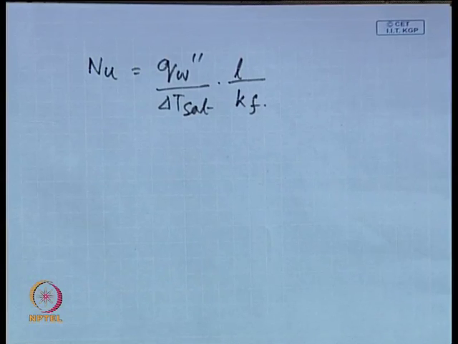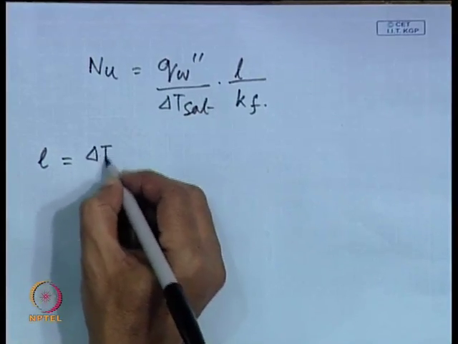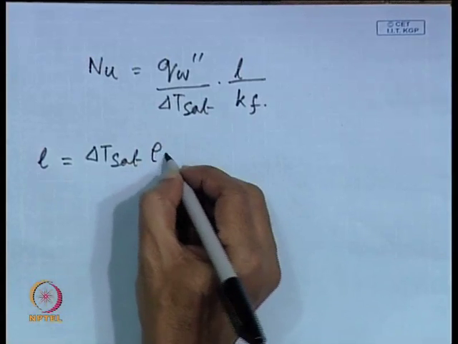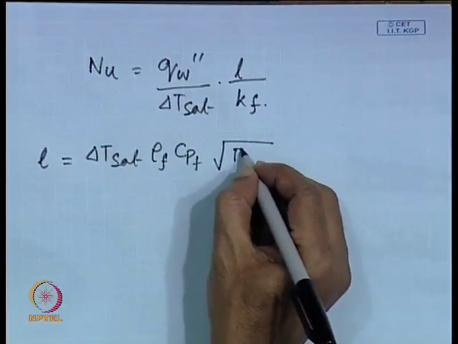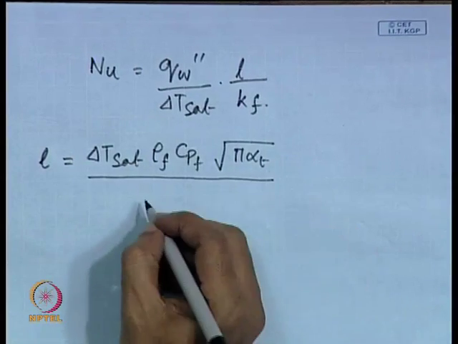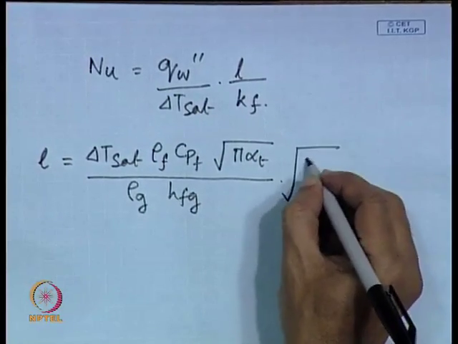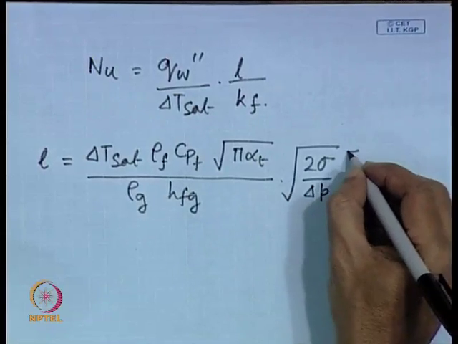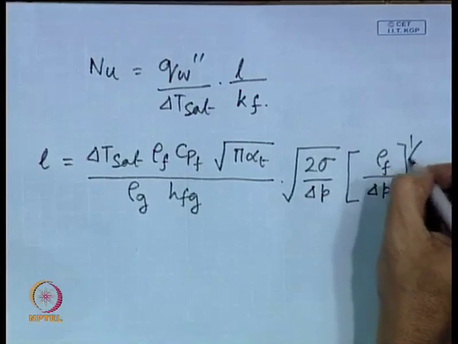For the Reynolds number calculation, we have taken simply r, but for the length scale calculation for Nusselt number, they have used a different methodology, and they got L is equal to delta T_saturated rho_f Cp_f root over pi alpha_f t over rho_g h_fg, this is a lengthy expression, then 2 sigma by delta P and rho_f by delta P to the power 1/4.